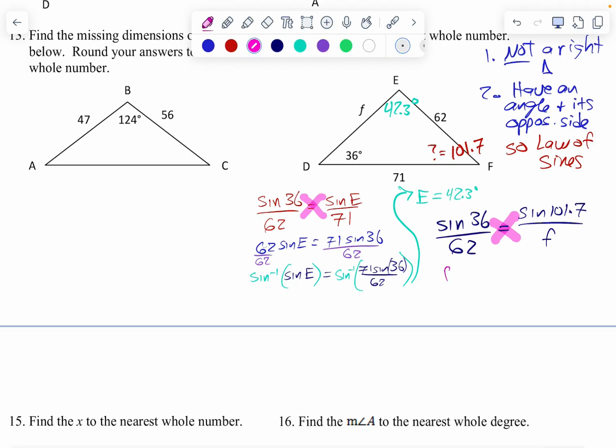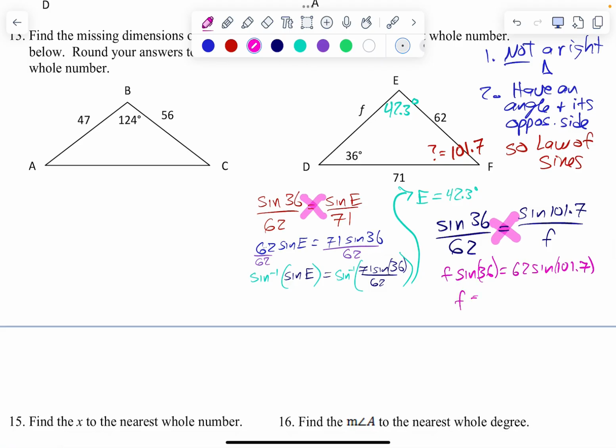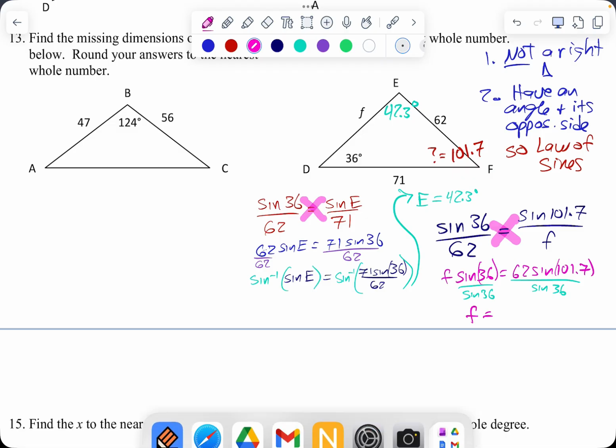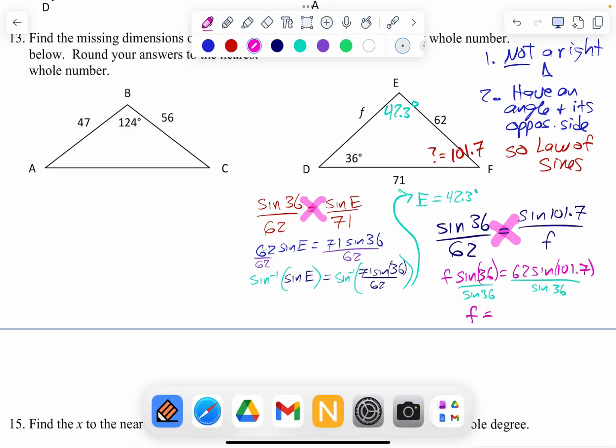And we'll get f sine 36 equals 62 sine 101.7. And we'll just divide by sine of 36. Let me show that, and then I'll just write the answer. This is just reminding you to make sure you're careful with your parentheses.